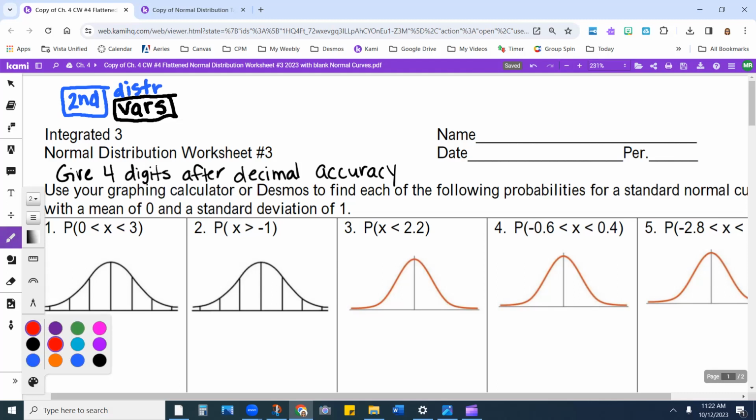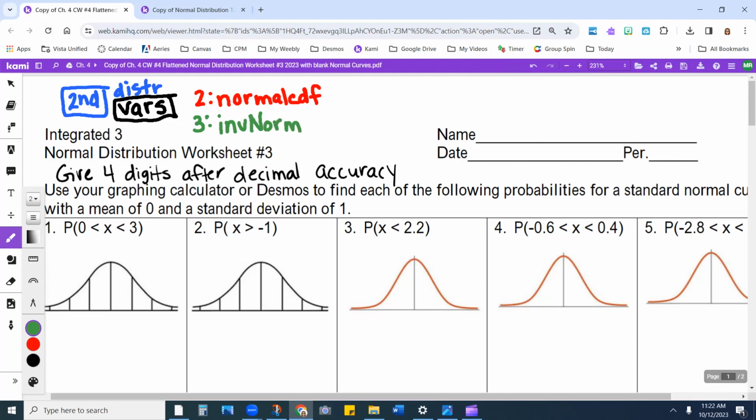Once you press that, you're going to get a menu, and we want number 2, which is normal CDF, not normal PDF, which is for drawing a curve. So we want normal CDF. And sometimes we'll also want number 3, which is inverse norm.